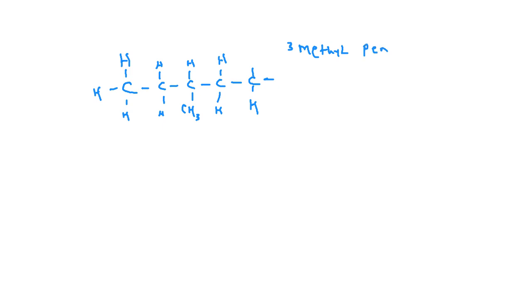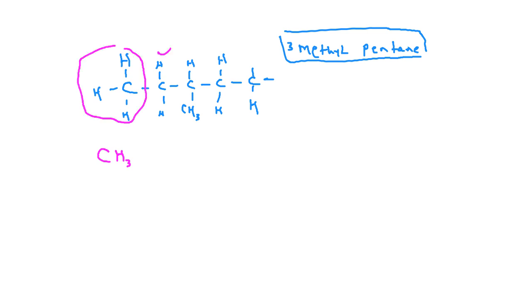Okay, what I want to do is write it in that condensed form, so watch what I'm doing. I'm going to write CH3. So we took care of this part. Then we have a CH2. So we took care of this part.